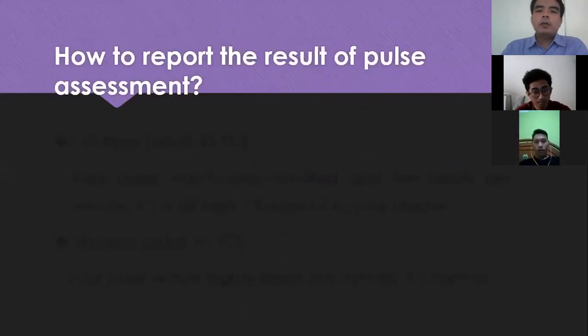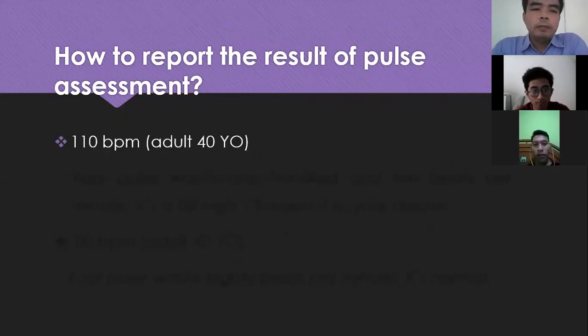Now, how to report the result of pulse assessment or pulse checking? When checking temperature, you have to use degrees Celsius or degrees Fahrenheit. But for checking pulse, you can use BPM. BPM stands for beats per minute. Okay, so in 1 minute, how many beats of your pulse?